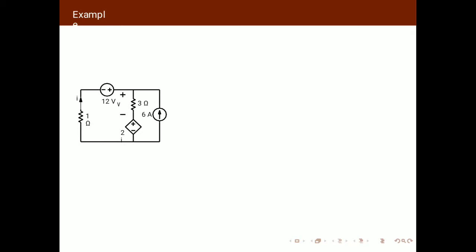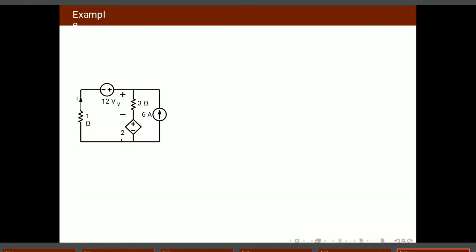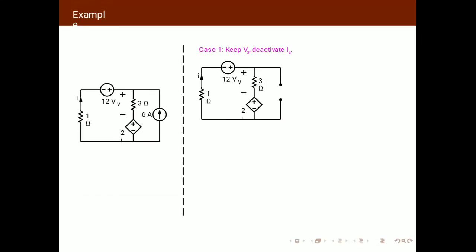Now go to case 1. Observe what they did. In case 1, the current source is deactivated and Vs stays as it is. Now write the equation and get the current value.